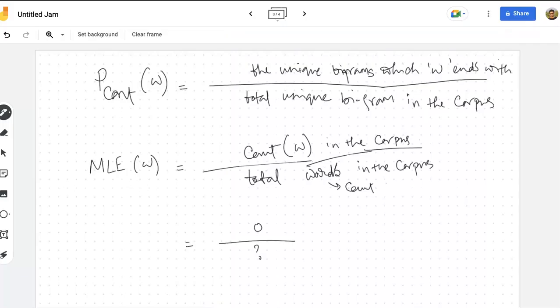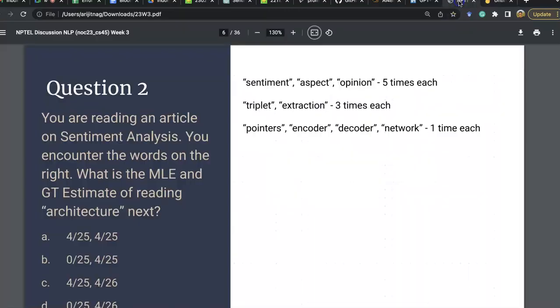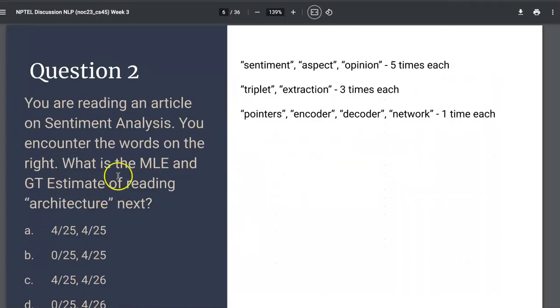So it will be 15 plus 6 plus 4, which is 25. So the MLE of architecture, where W is architecture, is 0 by 25.